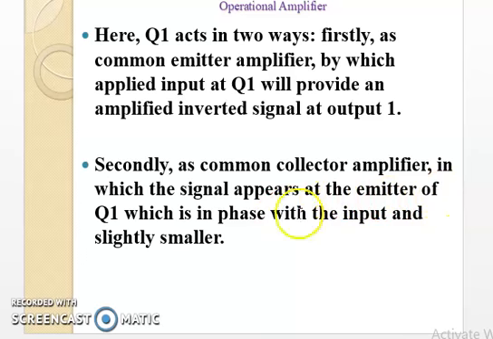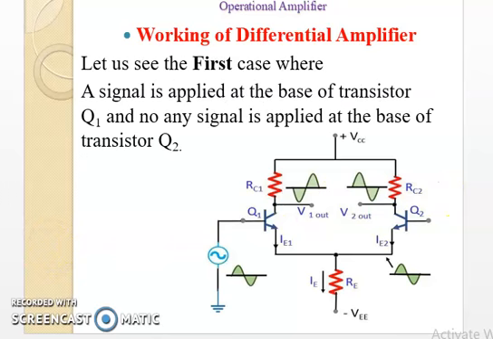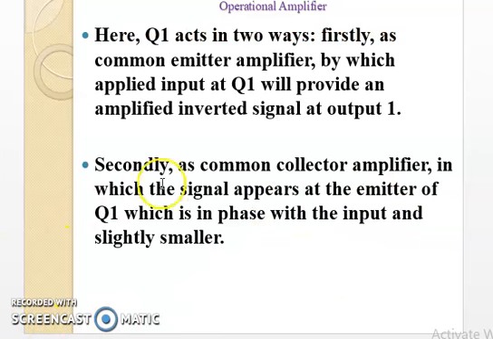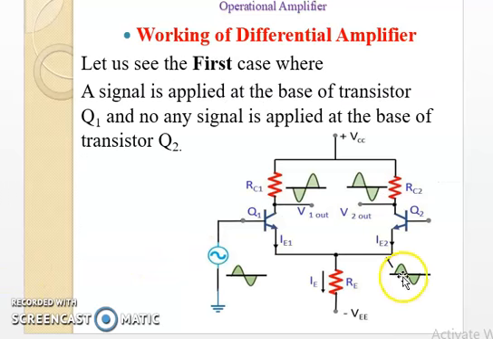So the input signal at the base of Q1 drives the transistor Q1, which turns on by the positive input signal. The voltage drop across RC1, this is RC1, will be more, resulting in the collector of Q1 being less positive.